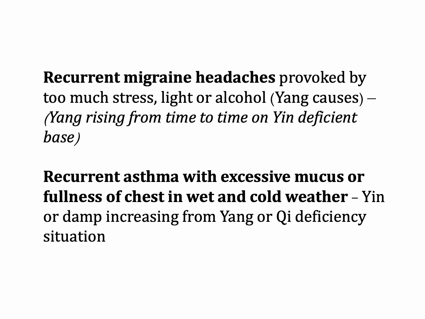Recurrent migraine headaches, which are provoked by too much stress, light, or alcohol, which are all yang causes, would be a good example of yang rising from time to time on a yin deficient base. Recurrent asthma with excessive mucus or fullness of the chest in wet and cold weather would be a good example for yin or damp increasing from a yang or qi deficiency situation.